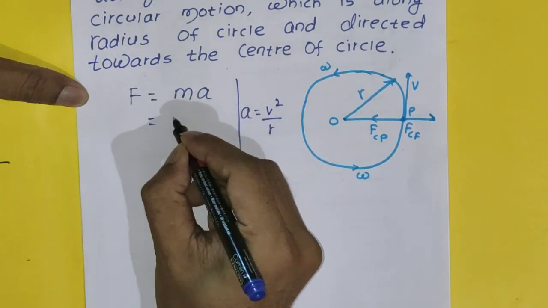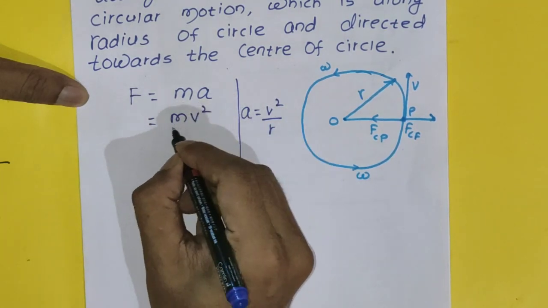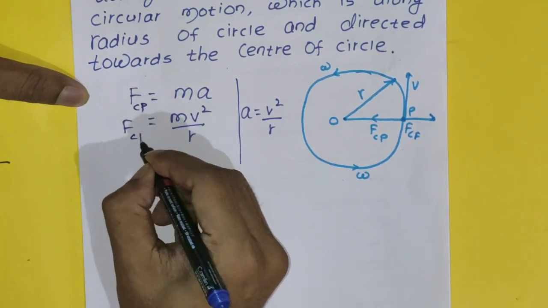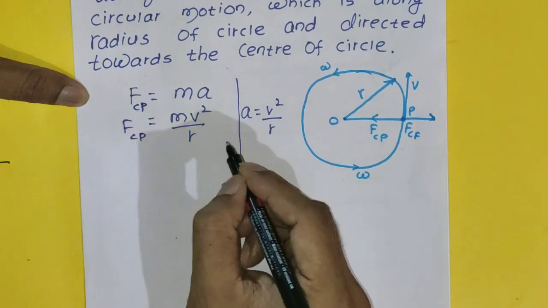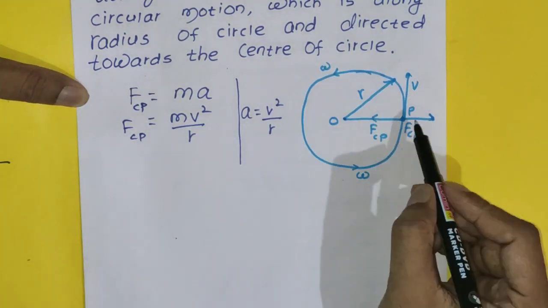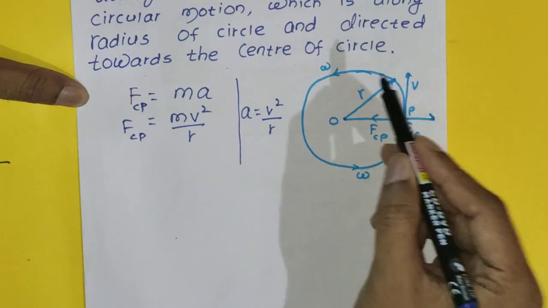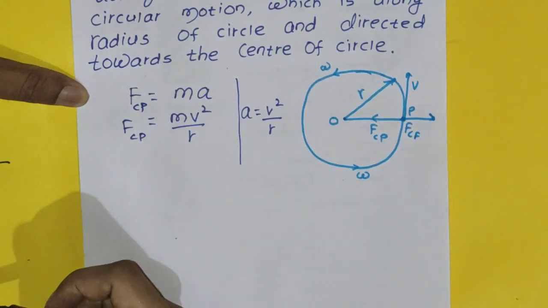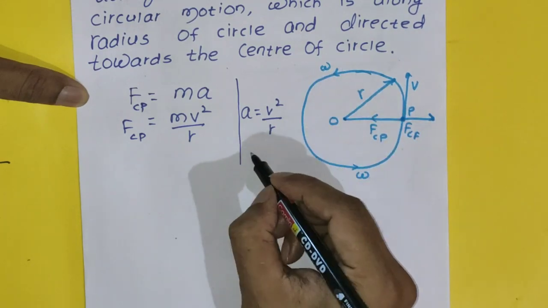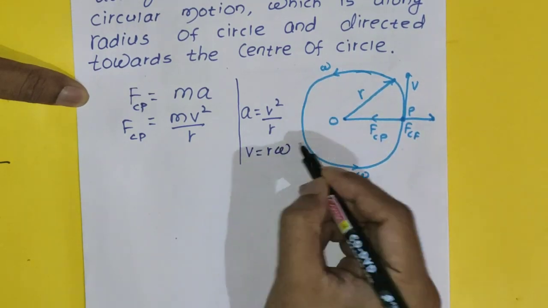Now putting this value, mv square by r. So we have the centripetal force equation. Fcp means centripetal force, that is mv square by r. Here v is the linear velocity and omega is the angular velocity. The relation between linear velocity and angular velocity is v is equal to r omega.